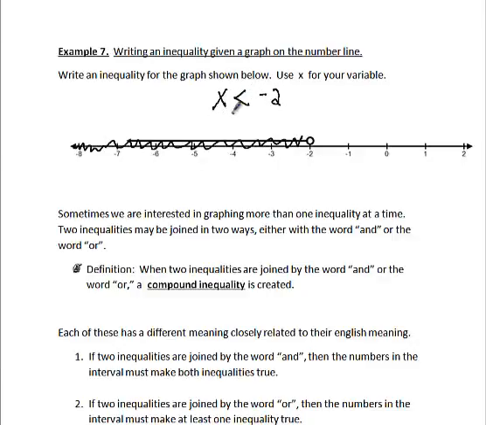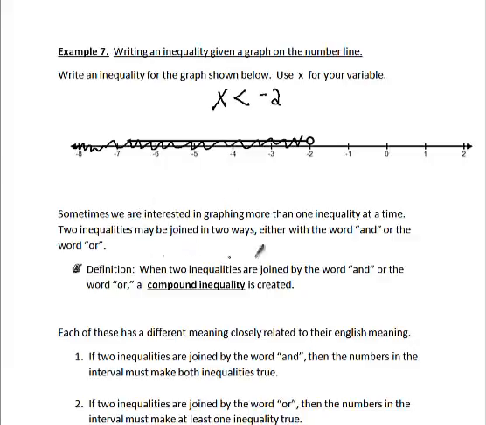The x's are to the left of -2, so less than. And again, this is an open dot, and so there should not be a bar below this inequality symbol. x cannot equal -2.